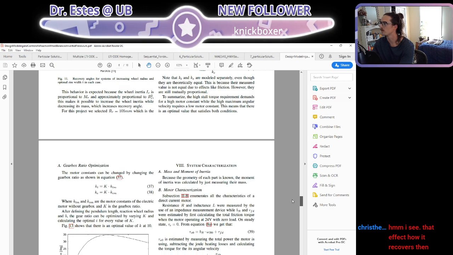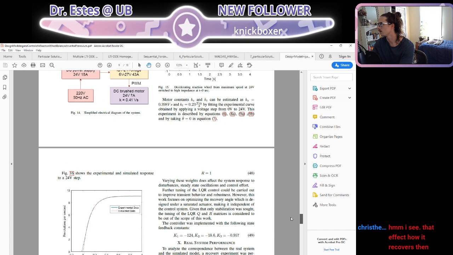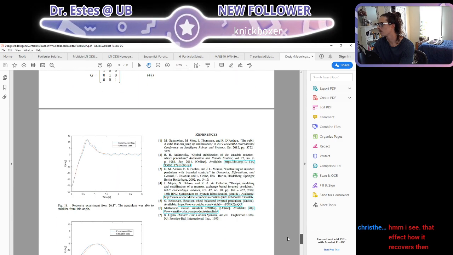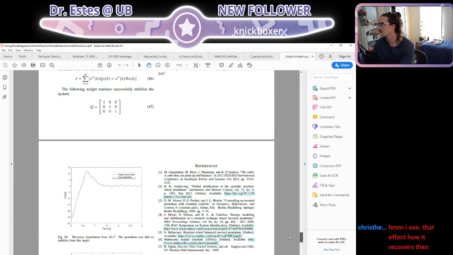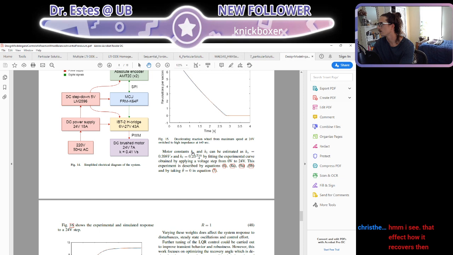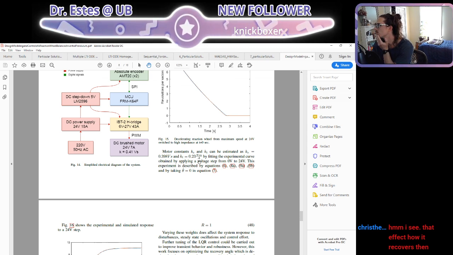There you go. .23 Newton meters per amp.